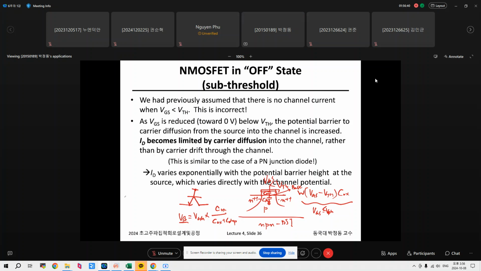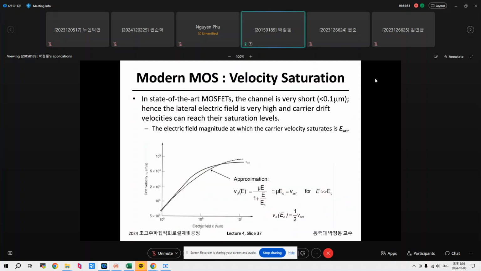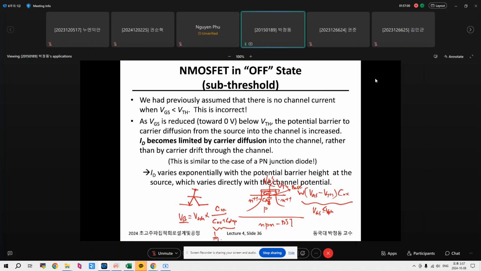So if I define this as 1 over eta, then it is expressed like this: exponential, with Vt and Vb.